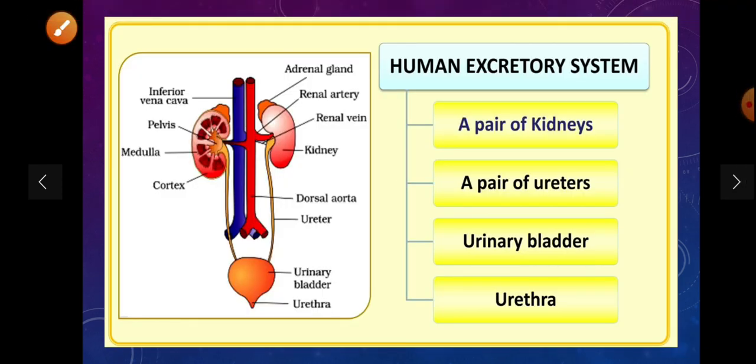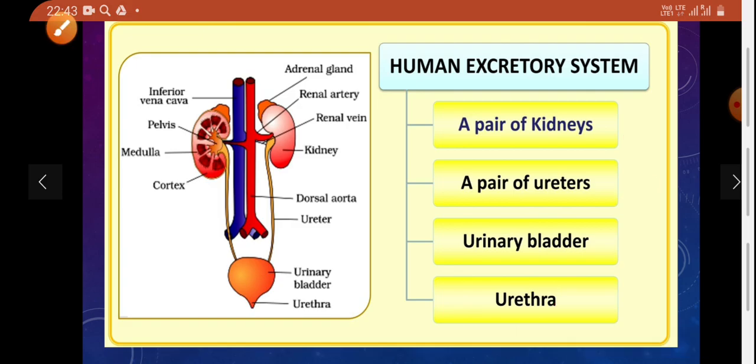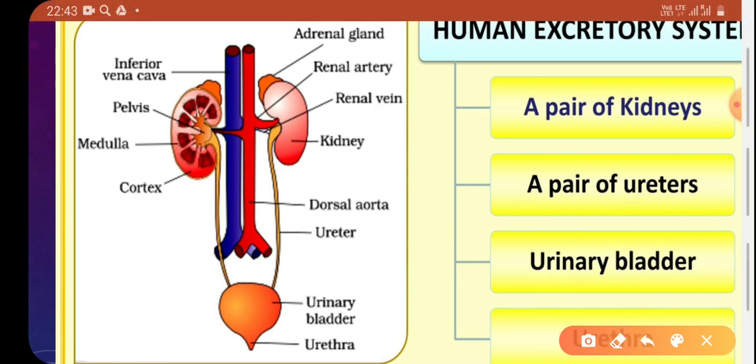The human excretory system consists of a pair of kidneys, a pair of ureters, urinary bladder, and urethra. And the diagram we can see here of the kidney. This blue color tube is the inferior vena cava. This is the dorsal aorta, that red color.